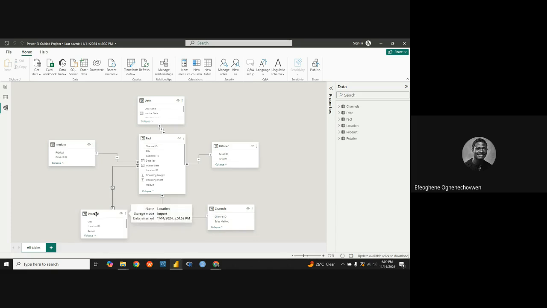Okay, channel ID to channel ID. Location ID to location ID. Product ID to product ID. Good. Retail ID to retail ID. Beautiful. Invoice date to date key.